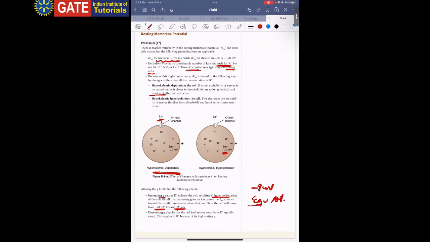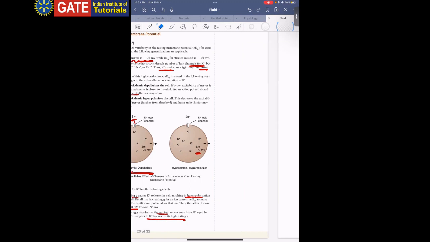Minus 70 is the resting membrane potential. So if there is decreased conductance, there will be less negative because less potassium will be moving out. So there will be depolarization of the cell, because we know the potassium conductance is high at the resting state because of the presence of leak channels.